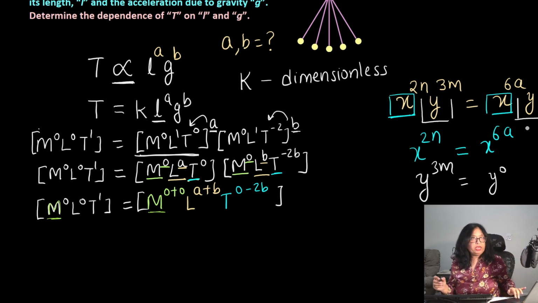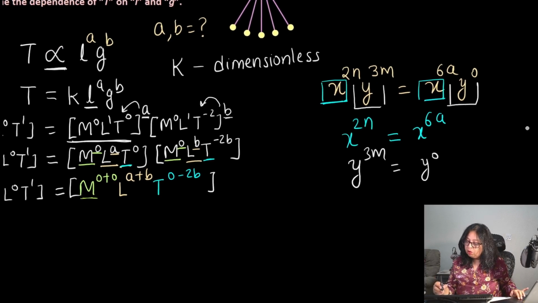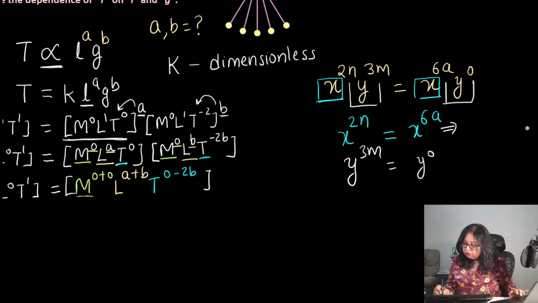Whenever the bases are the same, the powers are also the same. So this equation implies that 2n equals 6a, and the bottom equation implies that 3m equals 0.